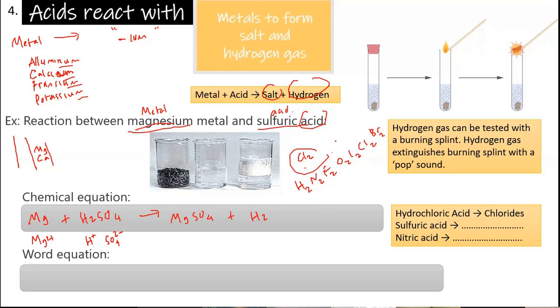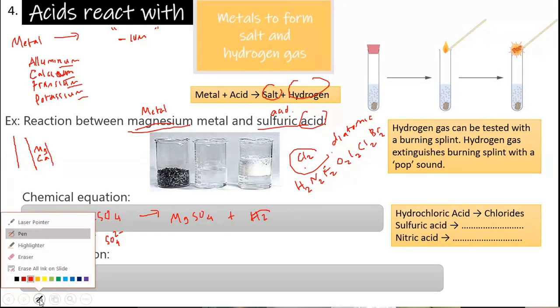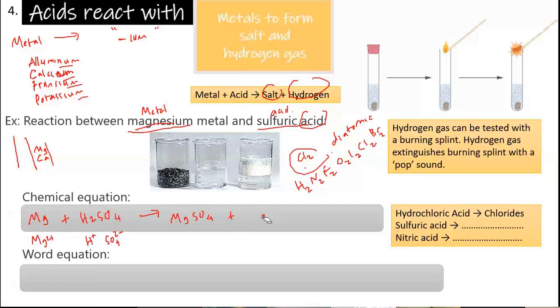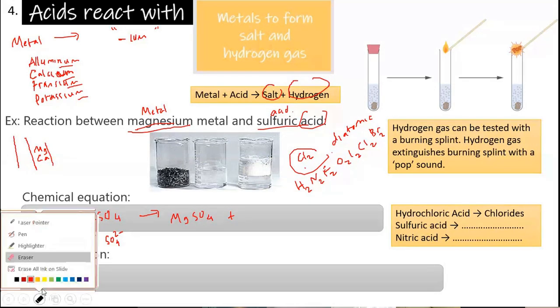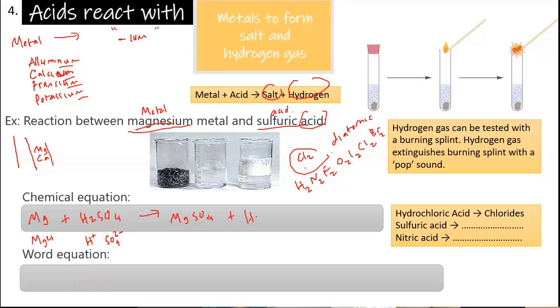That's why hydrogen gas is H2, because it is diatomic.